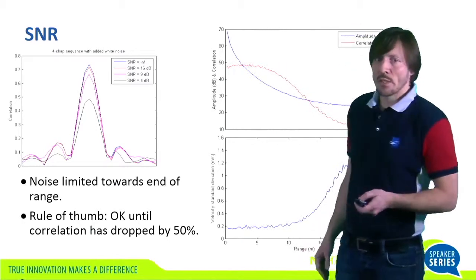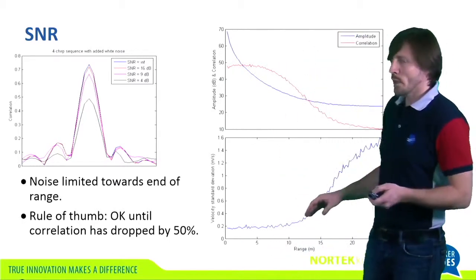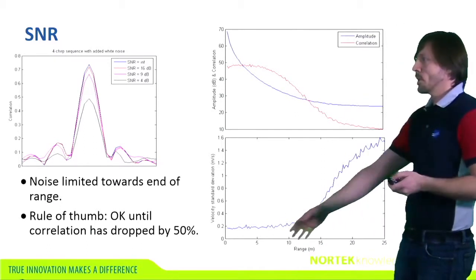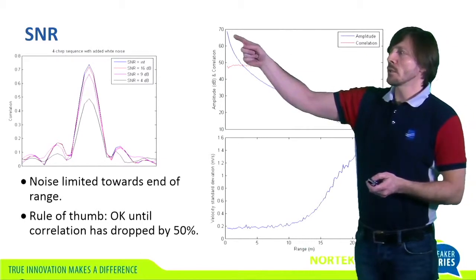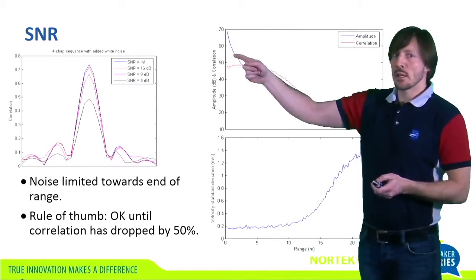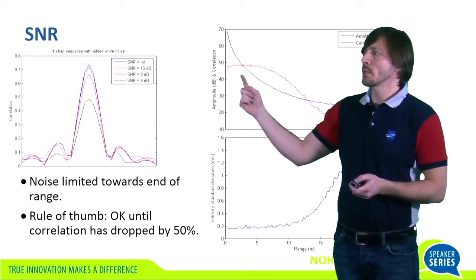So let's take a look in practice. Here's an example where I have 2 panels. In both cases I show the range along this axis, and in the upper panel I have the amplitude in decibels that drops, and then I have the correlation, which for the first part stays flat.